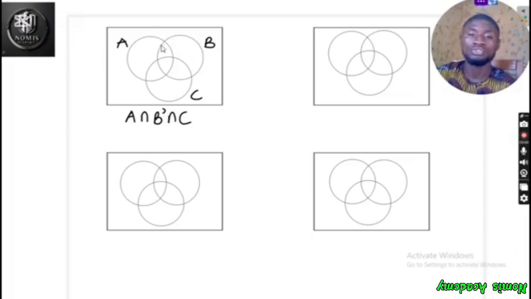So if set B should not be included at all, and I need the intersection of A and C, then this is where A and C intersect. This is set C and this is set A. This is the only place they intersect that excludes set B. So I will only shade this part of the diagram.